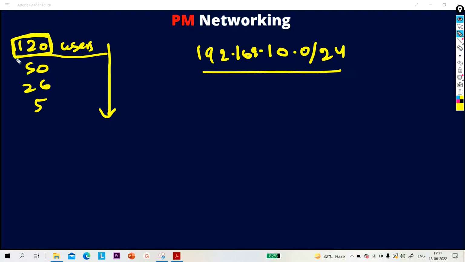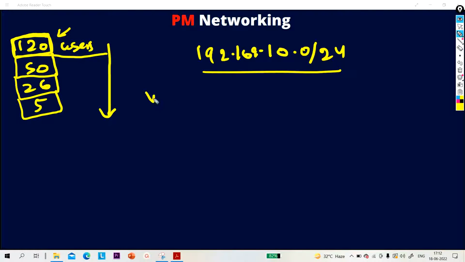Then we will perform VLSM for the second highest, for this one. That's why I said that you need to arrange your segments in decreasing order, right? After that I will do VLSM for this network, after that for this subnet.